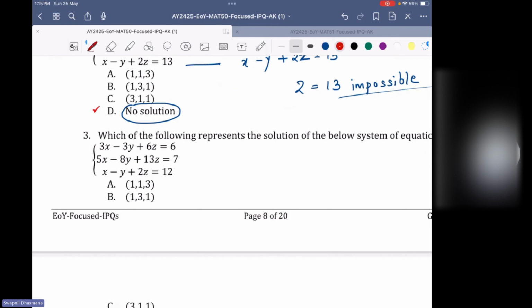Sometimes you can have equations like this. If you divide it by 2, you will get x minus y plus 2z equals 2. And this is 5x minus 8y plus 13z equals 7.